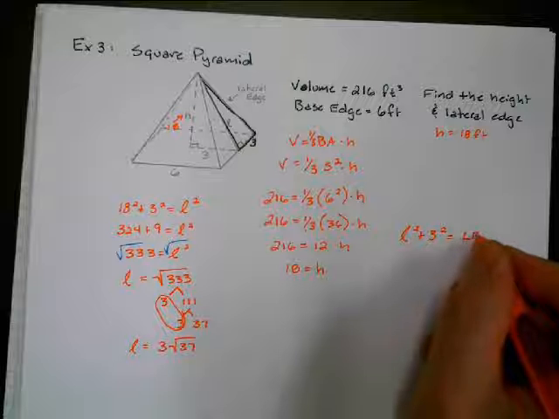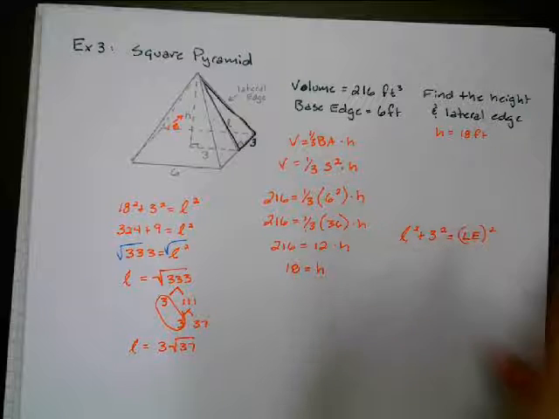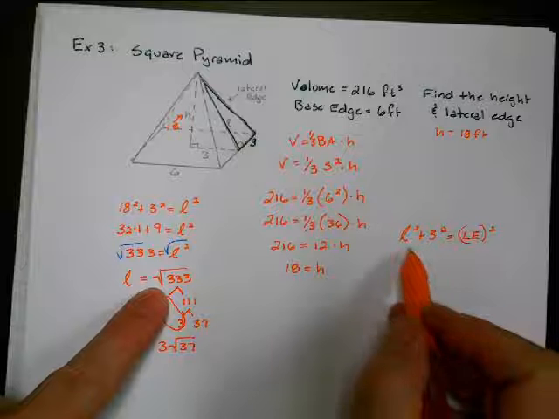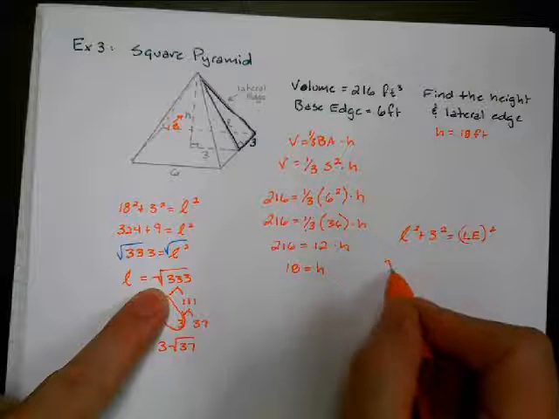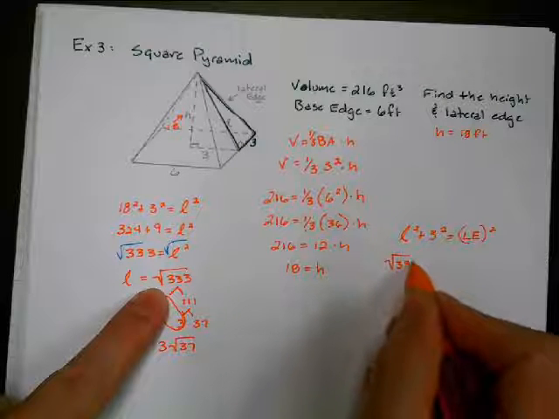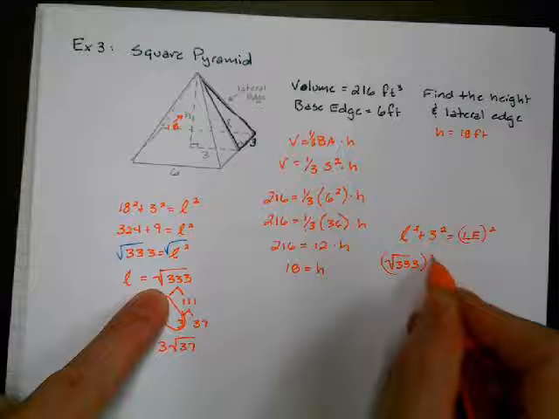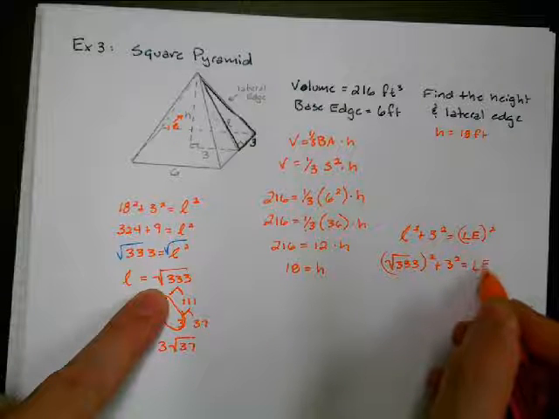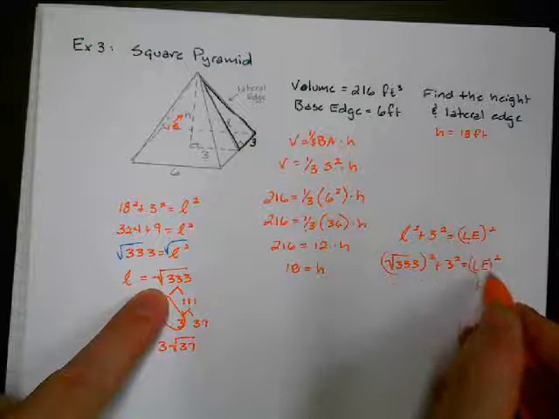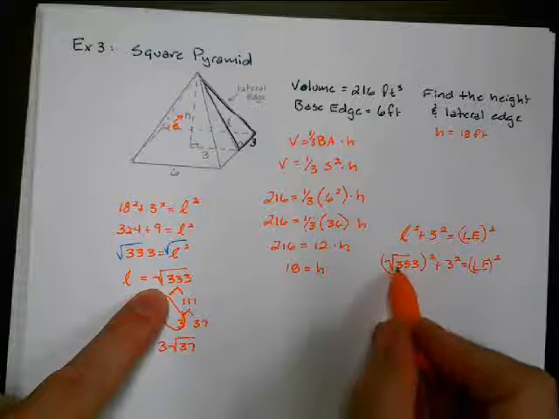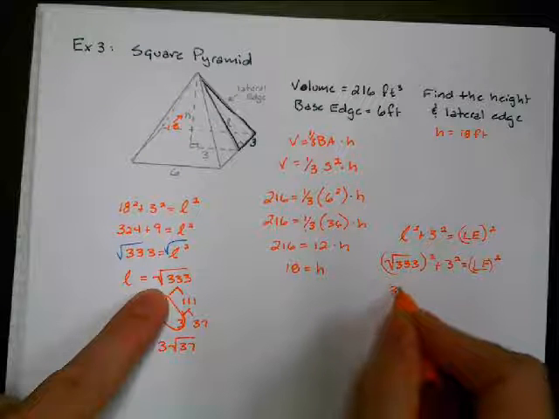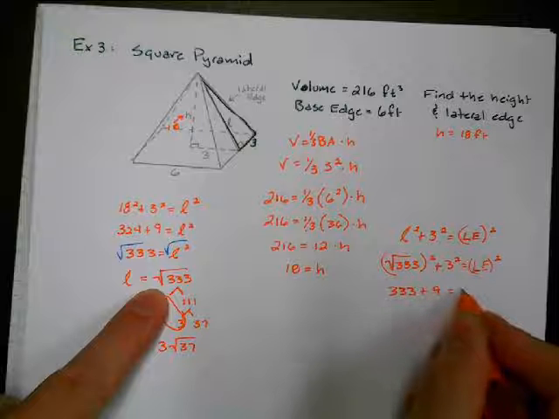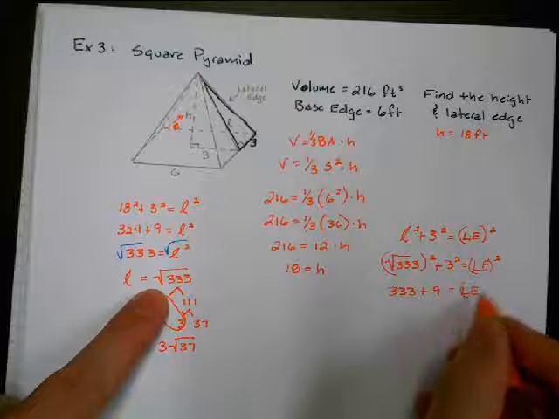So we already said that L was the square root of 333, plus 3 squared equals the lateral edge squared. So squaring a square root, that just becomes 333. That's plus 9. And then I get 342.